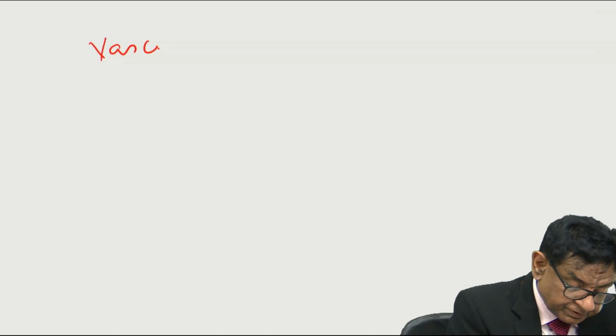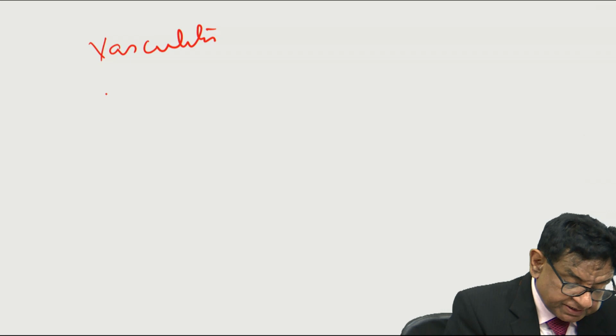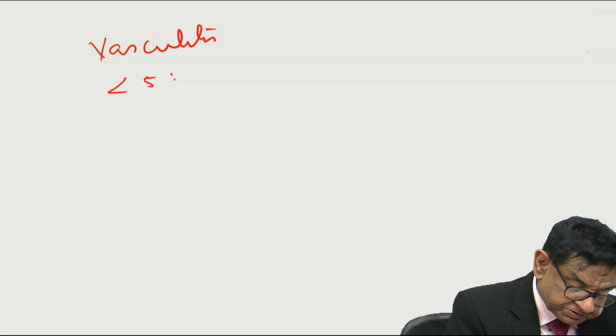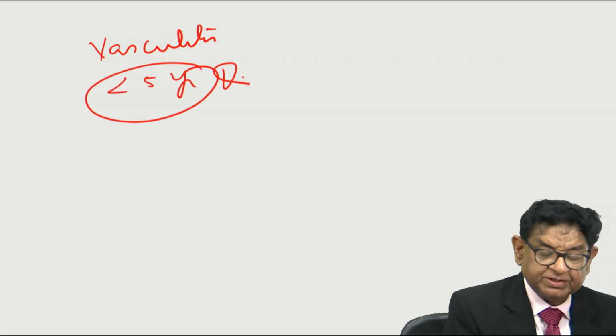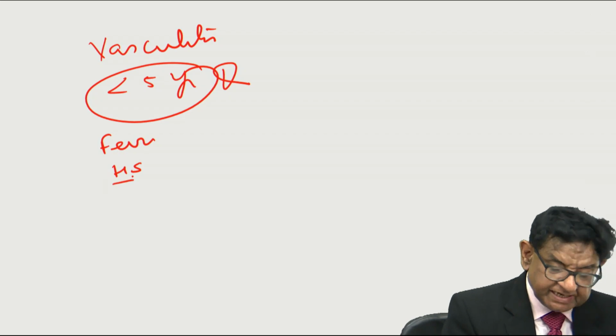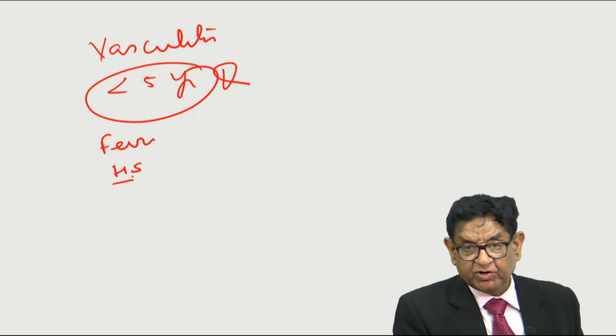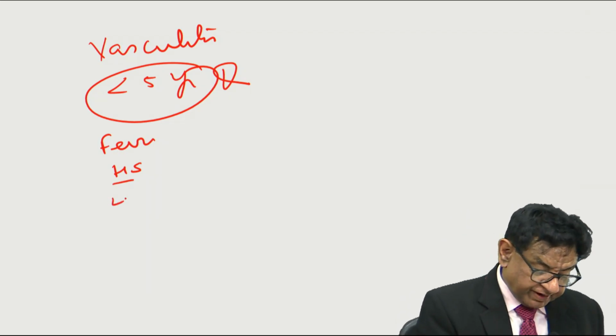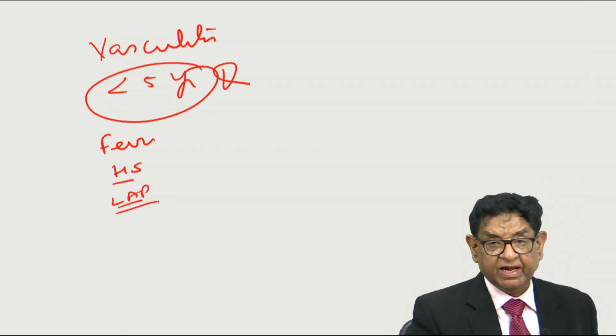So Kawasaki disease is a type of vasculitis. Classically, it occurs below 5 years. Again, a commonly asked question. Patient has fever, hepatosplenomegaly, H for hepatomegaly, S for splenomegaly. There is also lymphadenopathy, even lymph nodes are enlarged.